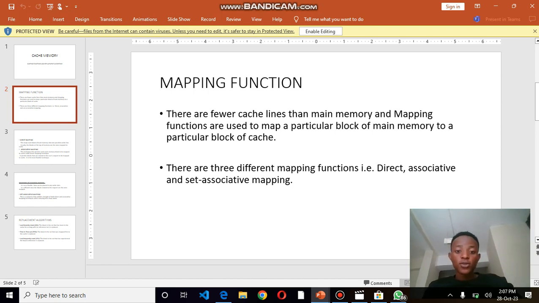Mapping functions are used to map a particular block of main memory to a particular block of cache. Basically, there are three different mapping functions: direct mapping, associative mapping, and set associative mapping.